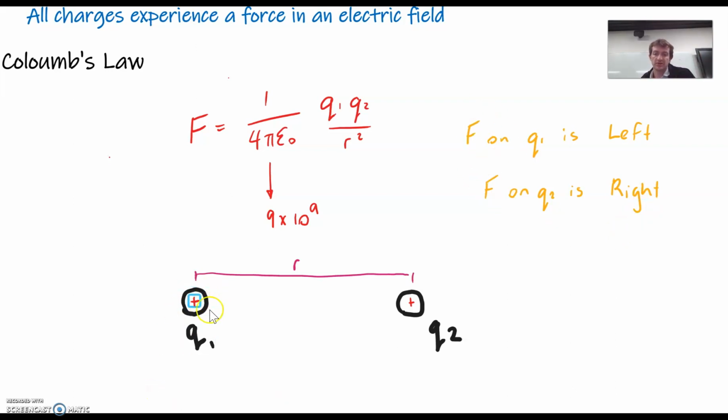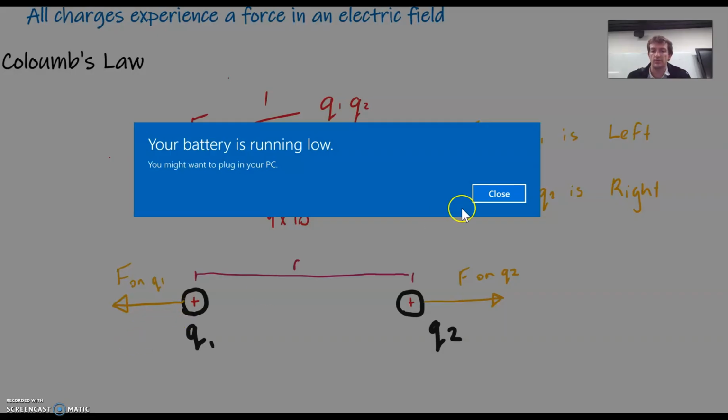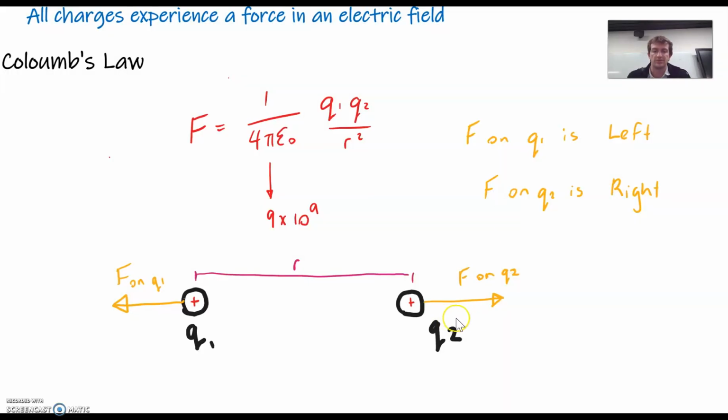If I'm focusing on number 1, I would say the force is however much we calculated, and it is to the left. If we were focusing on number 2, the force would still be the same, but it would be directed to the right, because they both feel a force. You can even draw the forces on there, and there they are. The force on number 1 and the force on number 2, they're both laid out there in different directions.